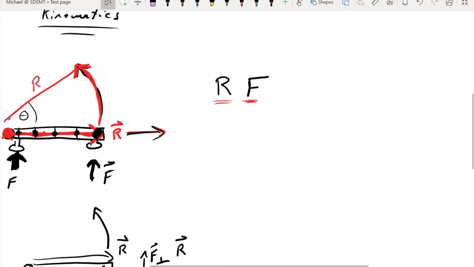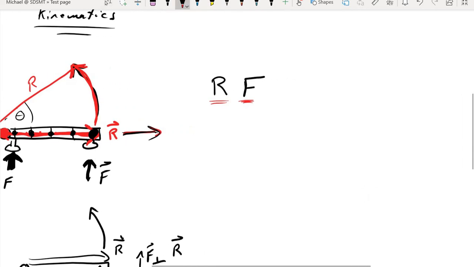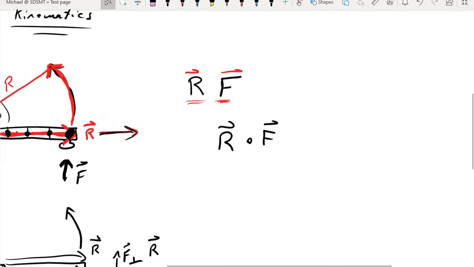And when it comes to combining vectors, and that's what these are, we have a radial vector and a force vector. When it comes to combining vectors, we have two methods available to us. One is the dot product, which we're pretty familiar with at this point.